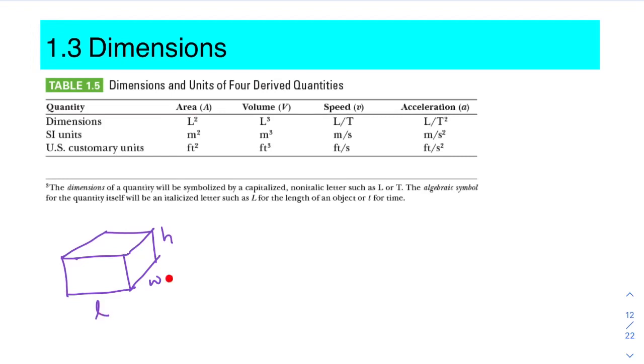The length, the width, and the height are all a kind of length, so the dimensional symbol we are going to use is L.